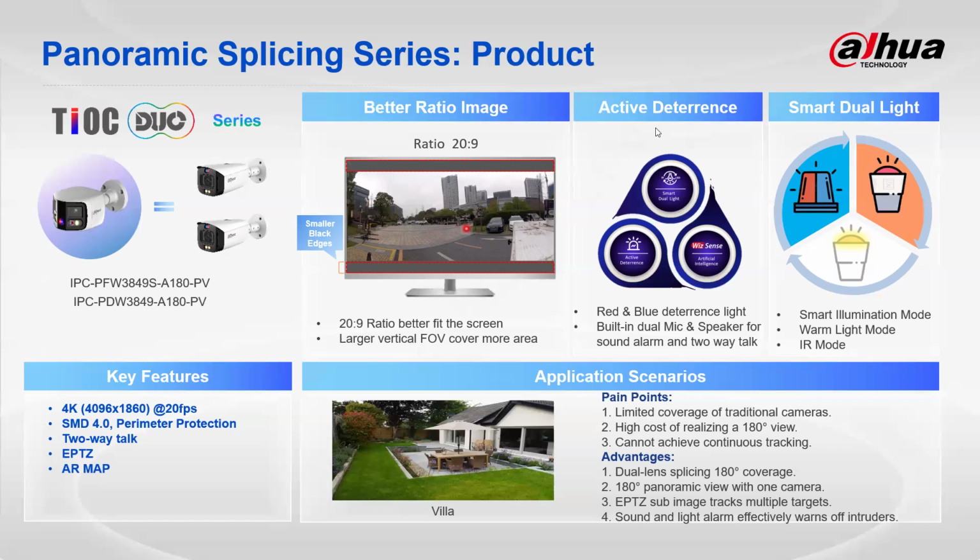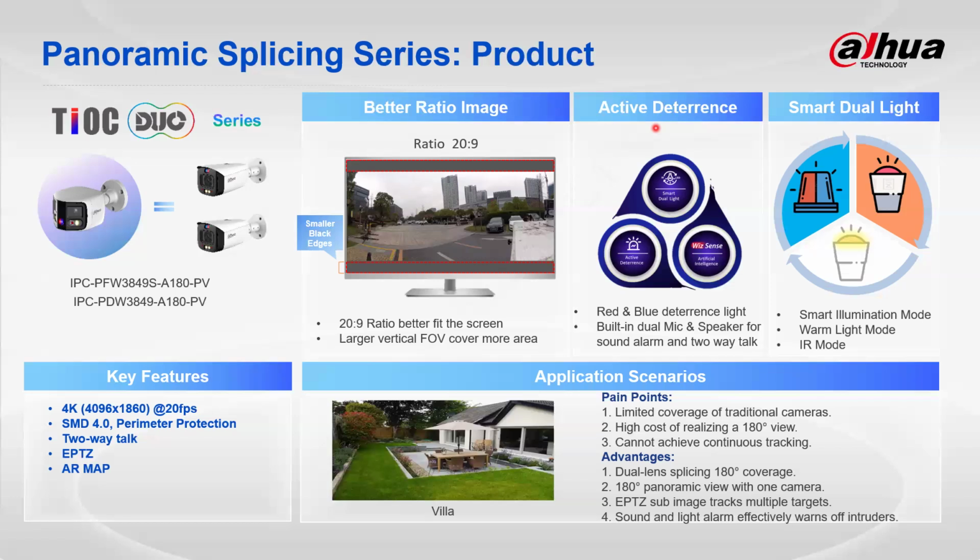Then this supports active deterrence, whereby it has 3 distinct key technologies. That is the smart dual lighting function. We have the active deterrence, which is another function for sound and siren. At the same time, we have the artificial intelligence function, which is another way the device distinguishes between humans and vehicles.